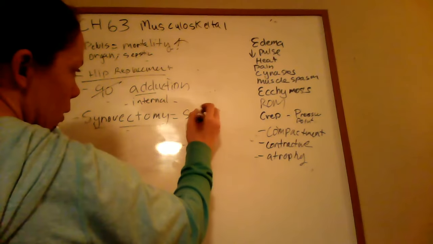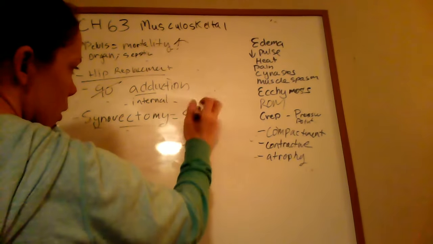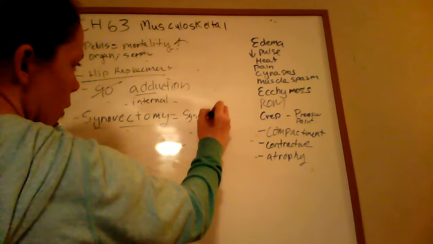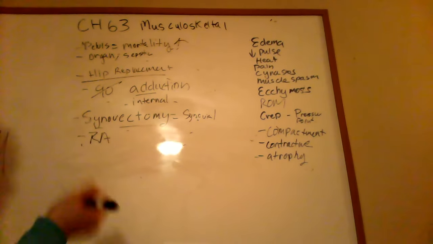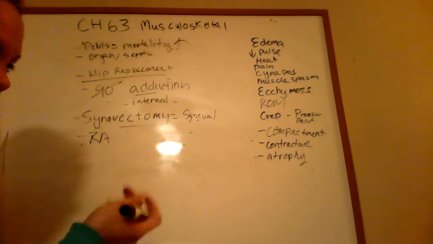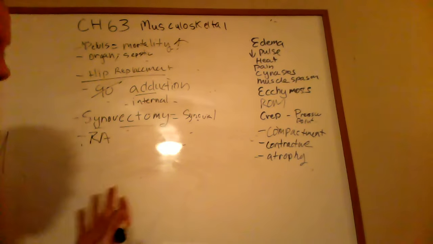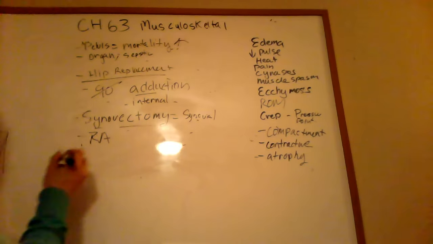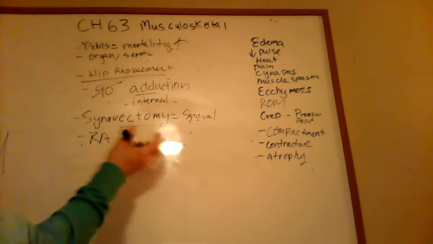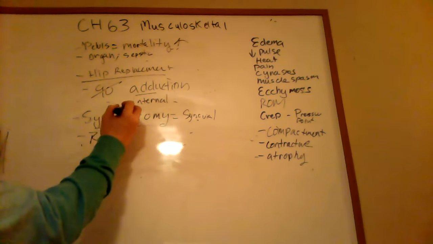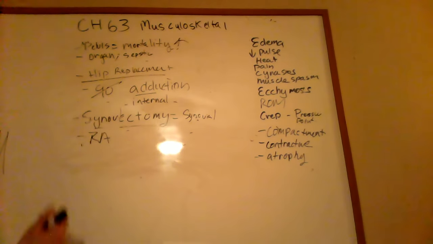You obviously can't get rid of all of it, but this is because of rheumatoid arthritis. By decreasing the amount, we can decrease the amount that the body is trying to attack it, and decrease the pain from that, swelling, and increase mobility. It's just removal of the synovial. So if you break down the word again, then you'll see that it makes sense.